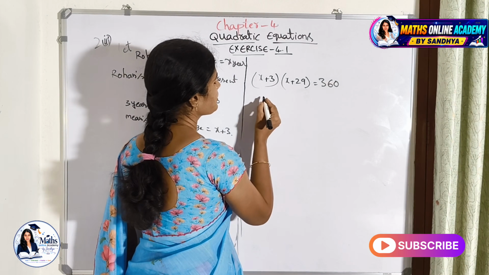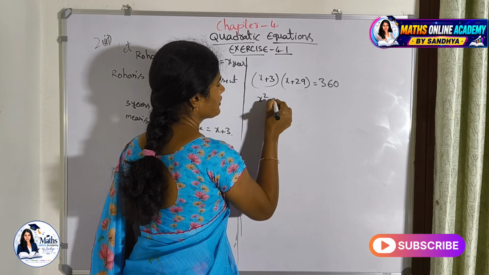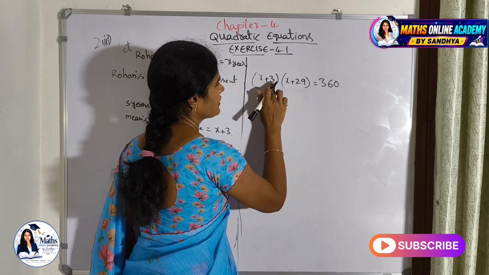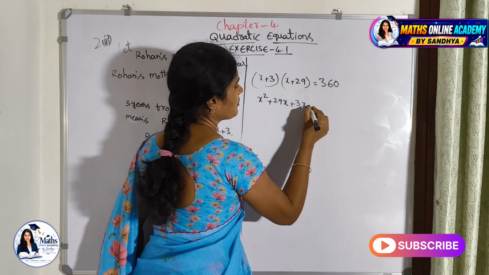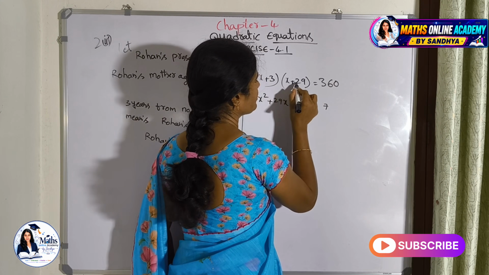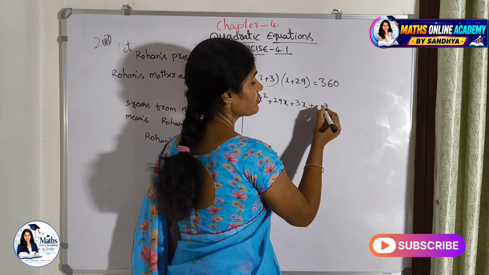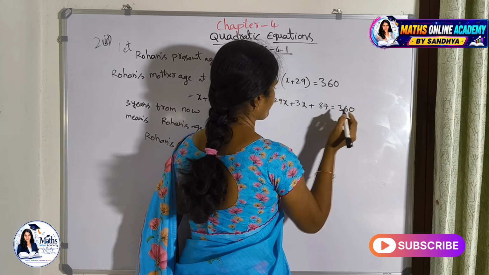So x into x is x square, x into 29 is 29x, plus 3x, plus 3 into 29 is 87, equal to 360.